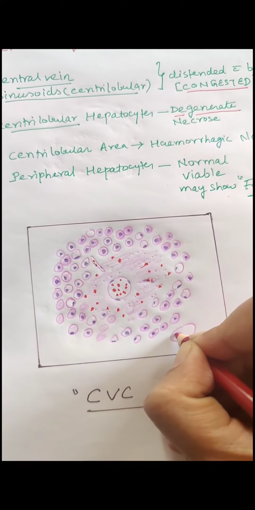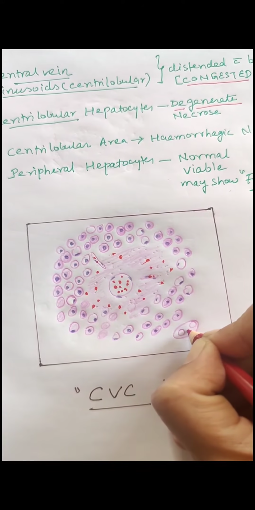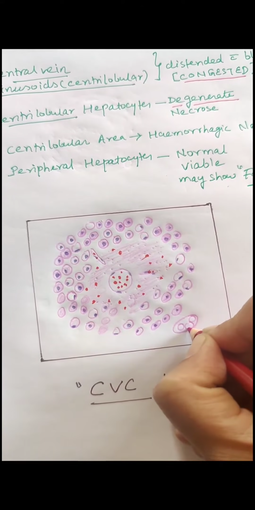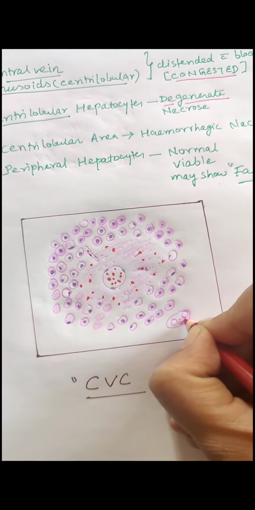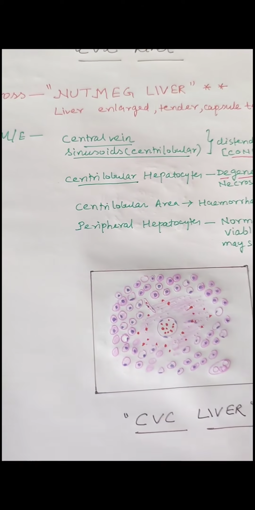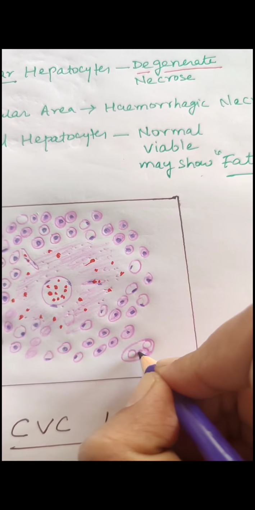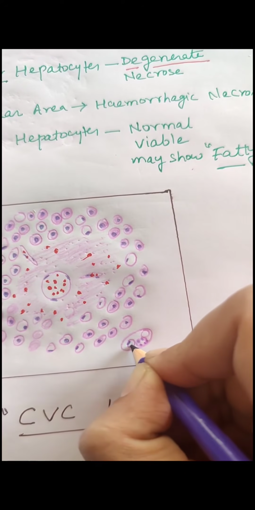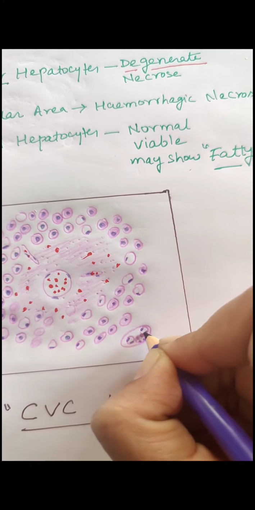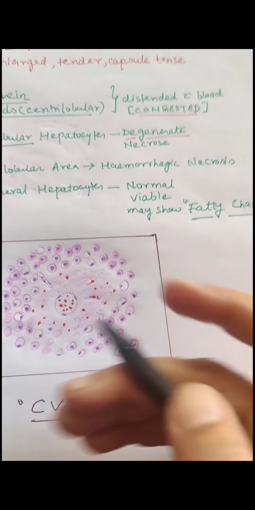So in the portal tracts, we draw hepatic artery, portal vein, and a bile duct. Bile duct will be lined by cuboidal cells, which will have a rounded nucleus, while the hepatic artery and portal vein will be lined by the endothelial cells, which will be flattened. So this is the lumen of bile duct, while this is the lumen of hepatic artery and portal vein, lined by the flattened cells.